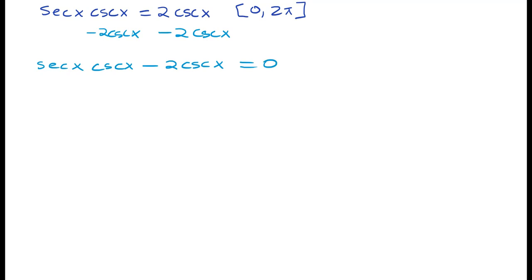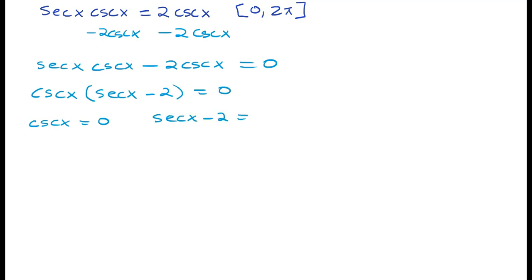So now let's factor out cosecant x. So this is going to be cosecant x, and then we have secant x minus 2 equal to 0. So cosecant x equal to 0, secant x minus 2 equal to 0.